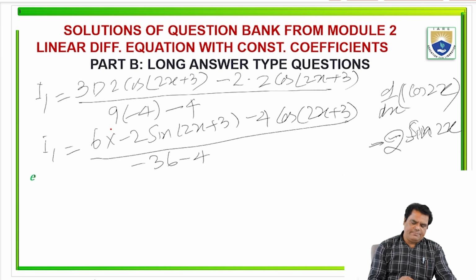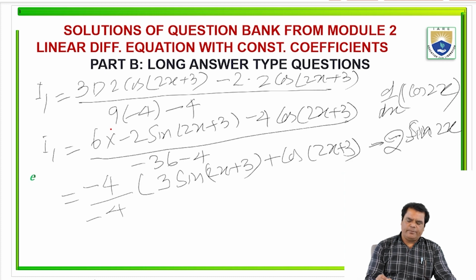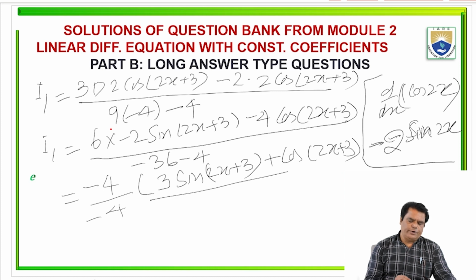So minus is common in the numerator, and here minus 4 is common, and in the denominator 4 is common. So here 4 common means 3 sine(2x + 3) plus cos(2x + 3) upon 40. 4 is common, so here is 10.